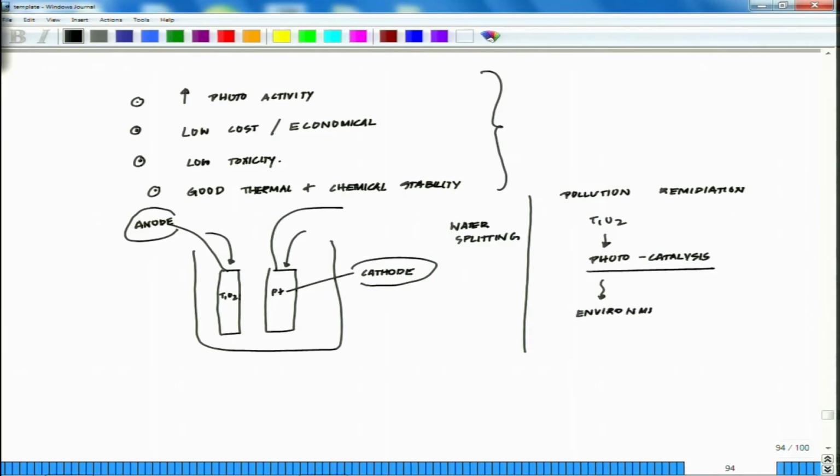So, if you look at it, they are not very old. This was by two people called Frank and Bard, and they reported the reduction of cyanide, CN minus, in water.